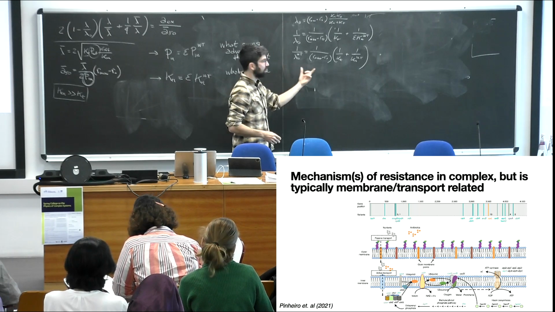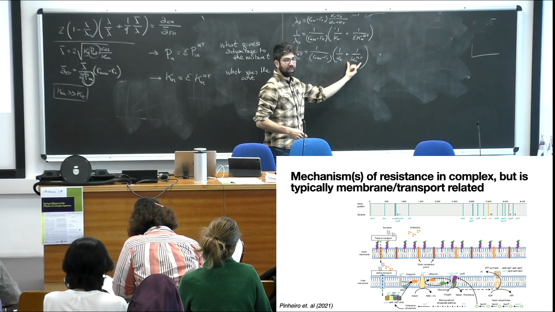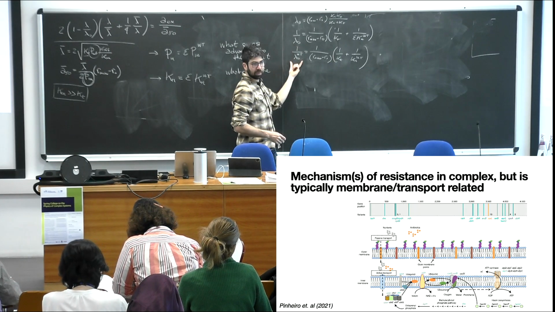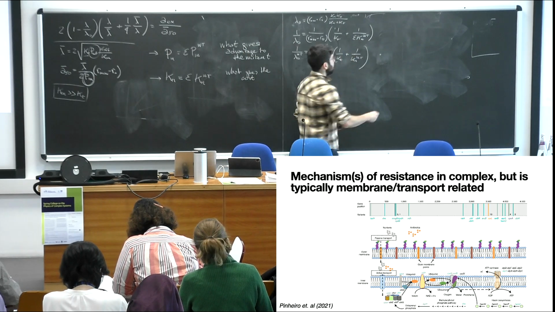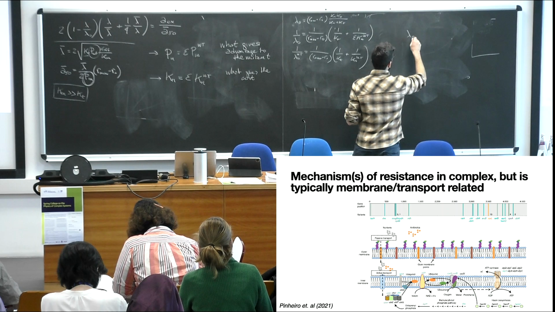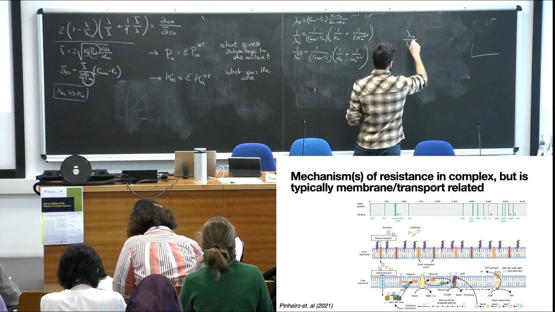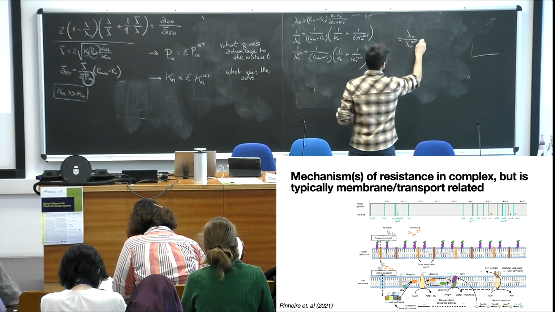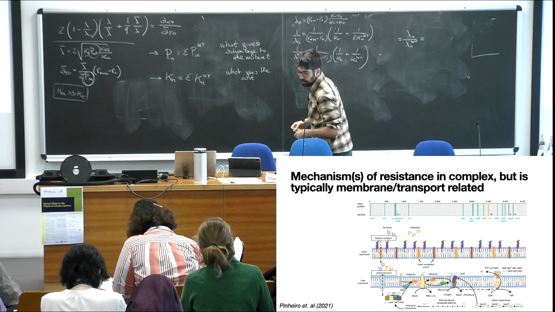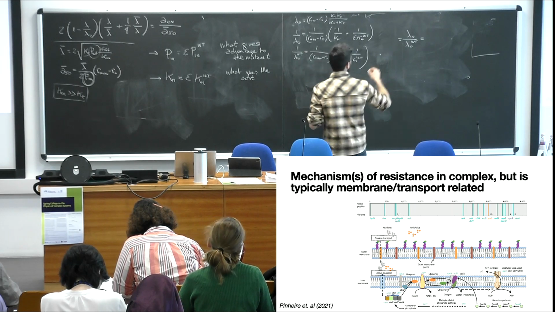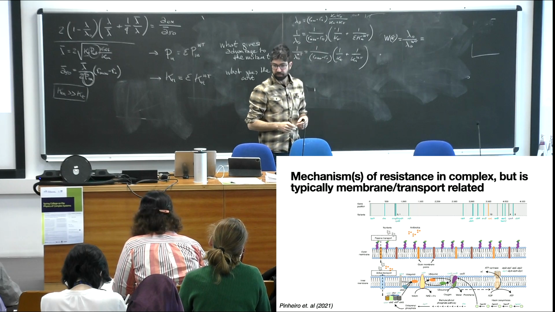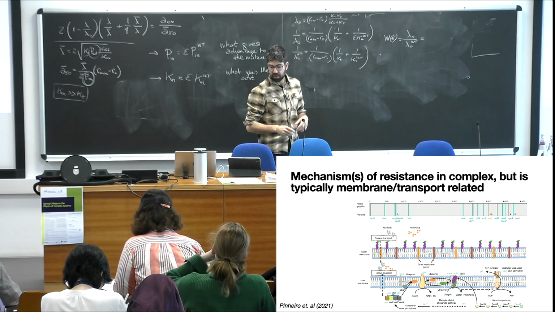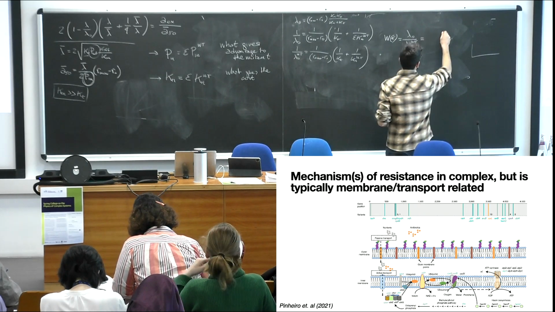You invert this relation, you find Kn of the wild type as a function of lambda naught of the wild type, you substitute it there, okay? And what you get is that lambda naught of the mutant over lambda naught of the wild type, which I'll call basically the cost, let's call it W of epsilon, is a function of epsilon, right?